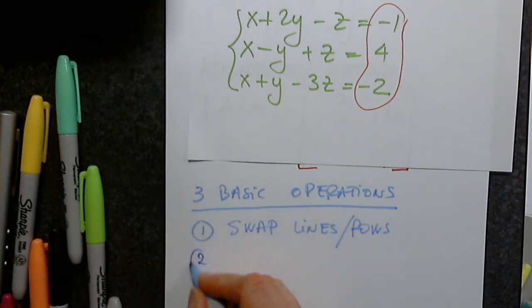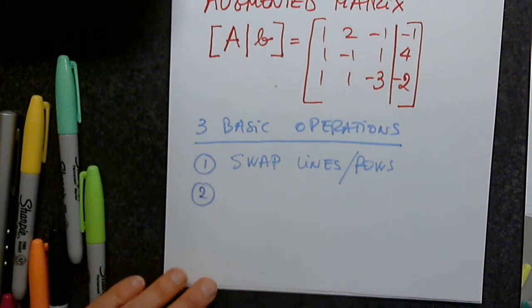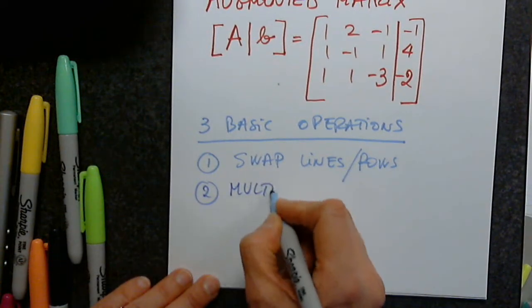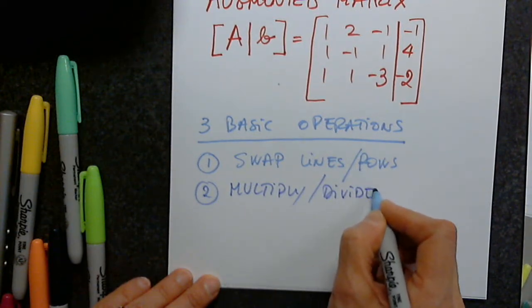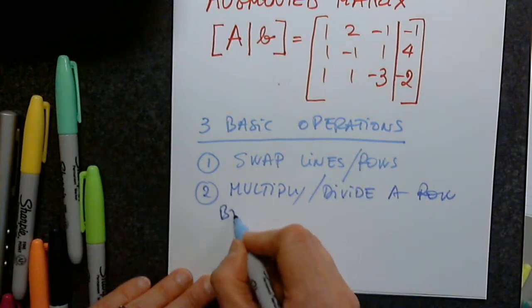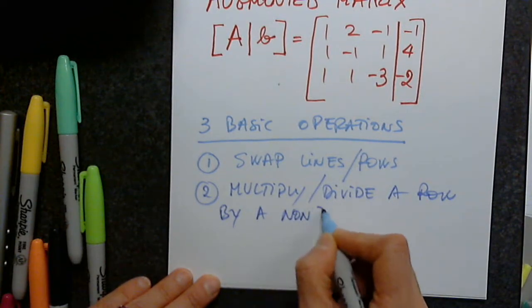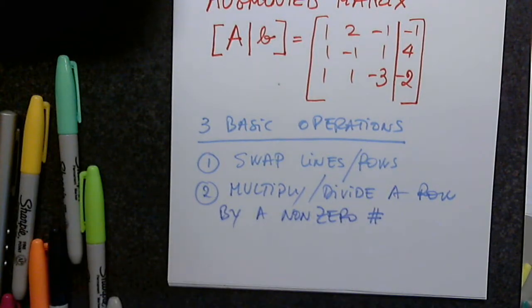Number 2. I am allowed to multiply or divide a row by a non-zero number, of course. That's the second allowed operation. What does this mean?